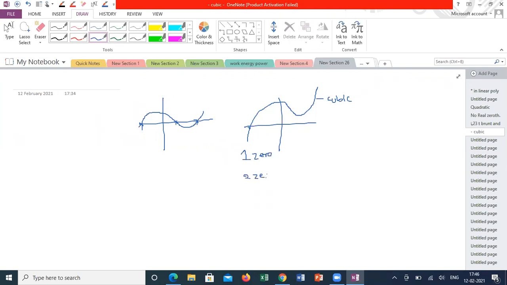Got it what I'm saying? Yes, sir. And what about this? Red color, 2 zeros. 2 zeros are real and 1 is unreal.